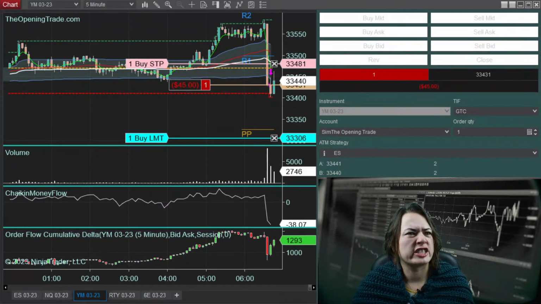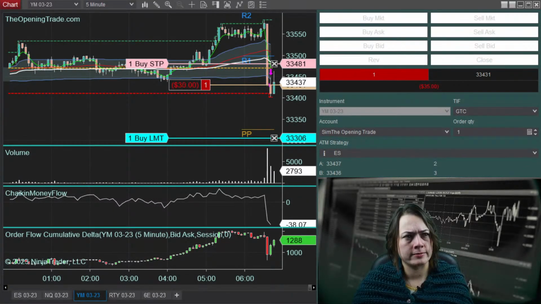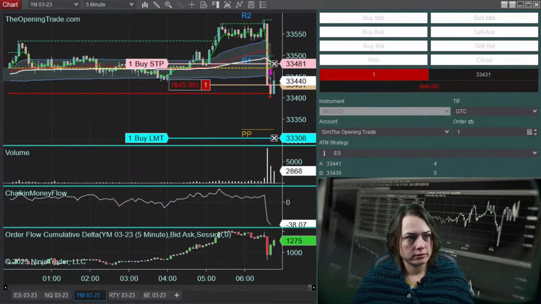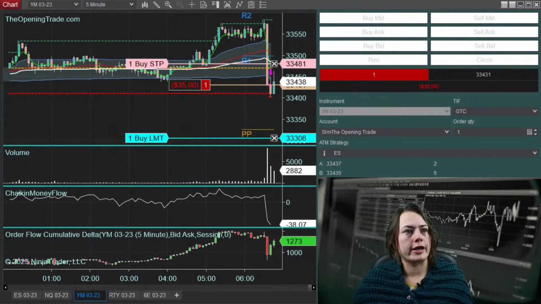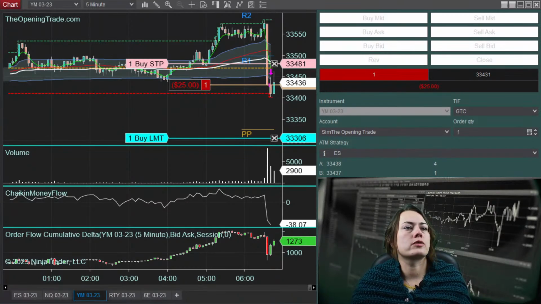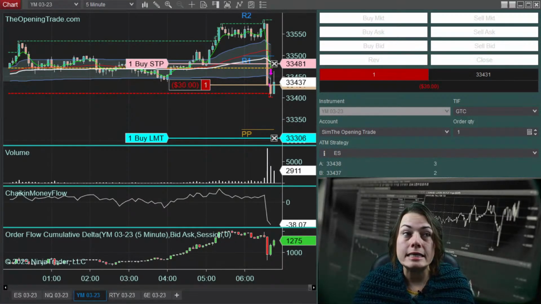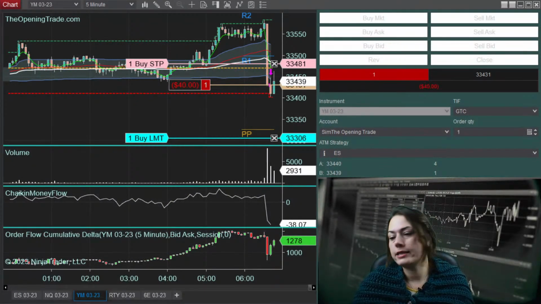Besides the flash PMI, we have Thursday, 8:30 Eastern Standard Time, the advanced GDP quarter-over-quarter report will be released. And then on Friday at 8:30 Eastern Standard Time, the core PCE price index month-over-month report will be released.